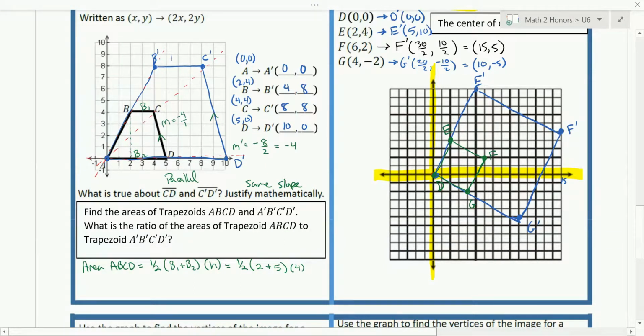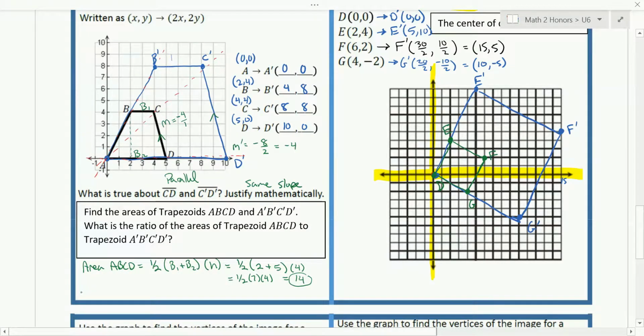And so that's the length of 4. And so we can plug that in, and we get 1/2 times 7 times 4. 7 times 4 is 28. Half of 28 is 14. So 14 square units is the area of ABCD.